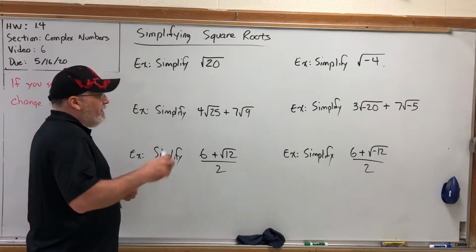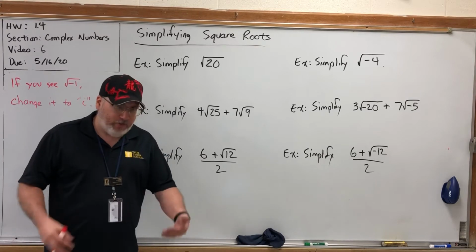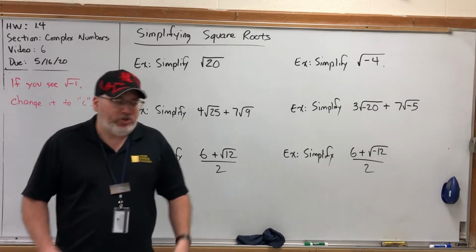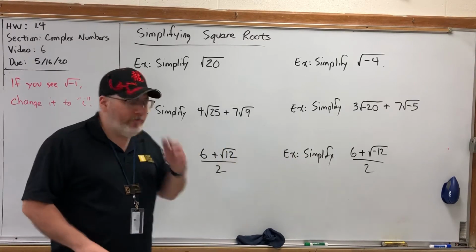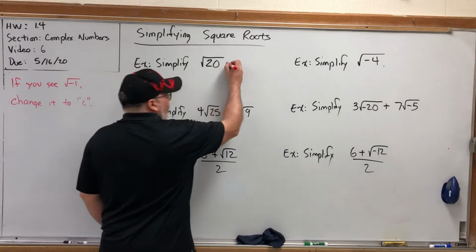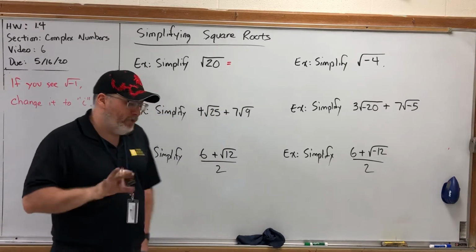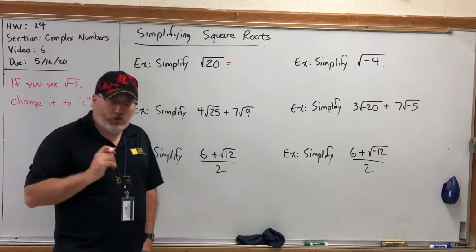But when you simplify a square root, the objective is to do as much of it as possible without resorting to irrational numbers. In other words, do as much as you can short of getting a decimal that goes forever and never repeats. So how can we simplify the square root of 20? Well, one trick is to break it down into a multiplication problem, half of which you can square root.